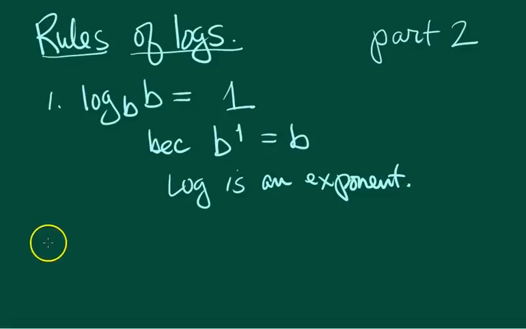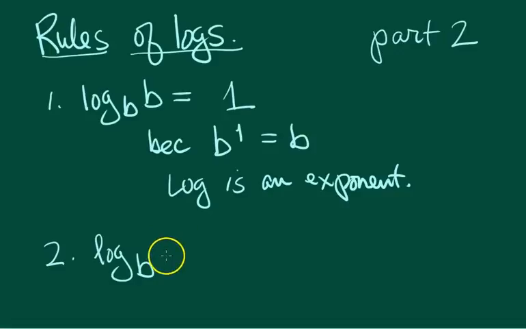Okay, item 2. The log for any base b, and the bases b are the same as the bases that we have in exponential functions, usually greater than 1, at any rate always greater than 0, and never equal to 1.